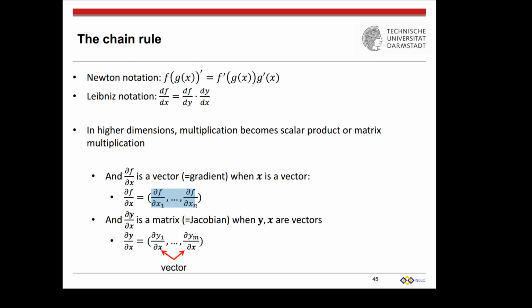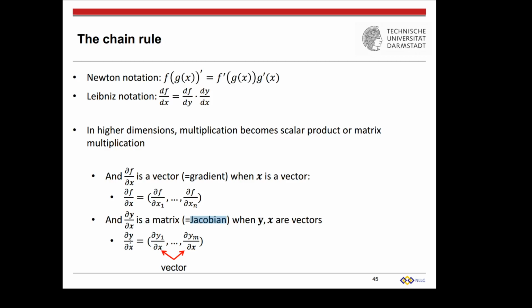When y is also a vector of functions, so when we have multiple individual functions that all have the same amount of variables and the same variables, then dy by dx is given as a matrix, which is also known as the Jacobian.